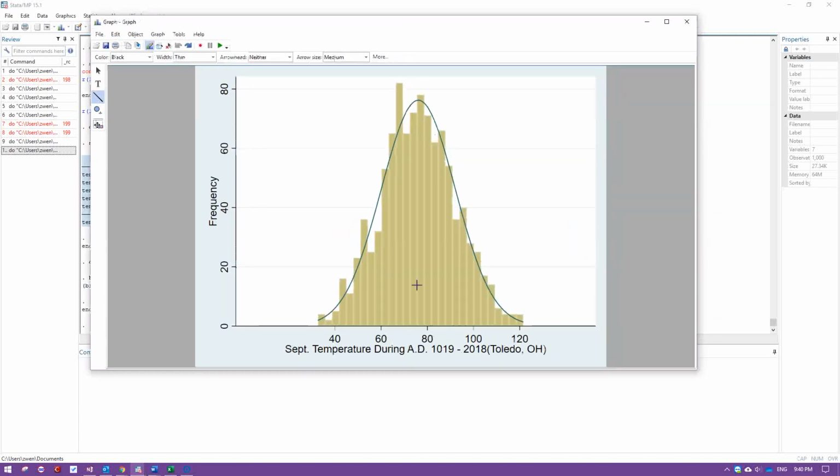So here is the Toledo curve. My question was, what is the probability of temperature lower than 65? I will draw a reference line here. So 70 will be here, 75 will be somewhere here, so I'm going to draw a reference line like this.